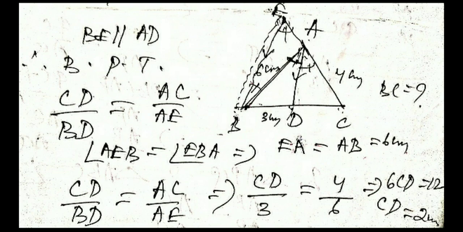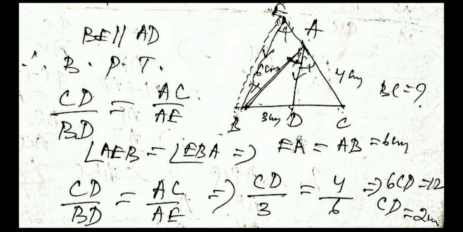AD, as given in the figure, is the bisector of angle A. So through B, draw a line parallel to AD, and produce CA to meet it at E. So therefore you will be getting another triangle, that is CBE, and CAD are the two triangles in which AD is parallel to BE.